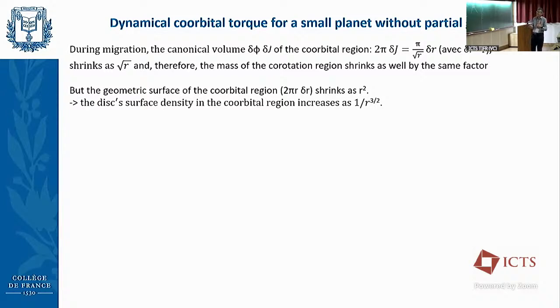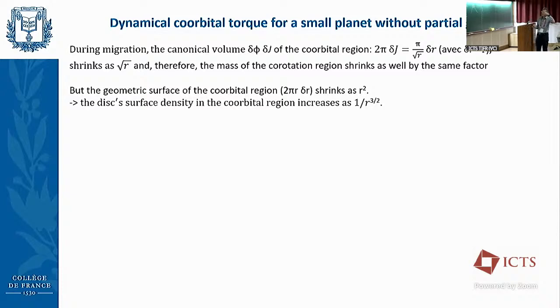At the same time, the surface area of the co-rotation region shrinks like r squared, because the width shrinks like r, but the circumference shrinks like r as well. So the mass trapped in the co-rotation region decreases as the square root of r, but the area on which this mass is distributed decays like r squared.